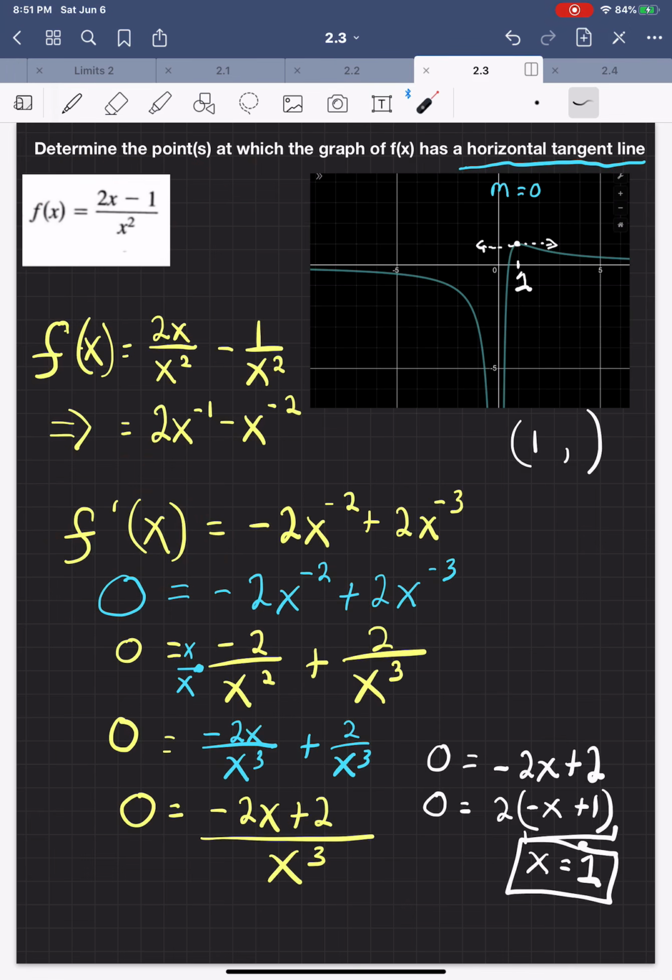If I plug 1 into my original function, so f of 1, not f prime, I know f prime of 1 is just going to give me 0, but f of 1 is equal to 1. So what are the points? It's 1, 1. At this point right here, 1, 1, that's where there's a horizontal tangent line.